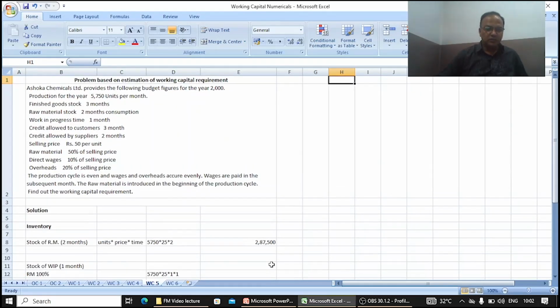Now calculate wages and overhead. Wages are paid in the subsequent month.